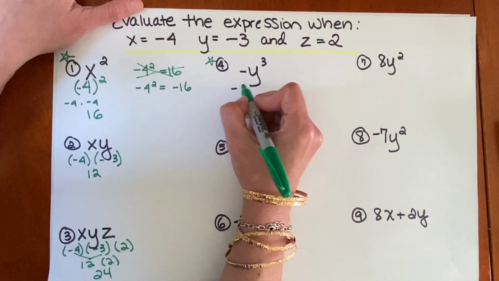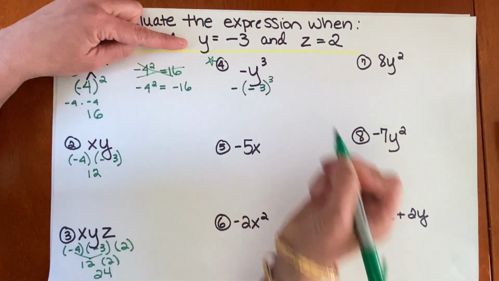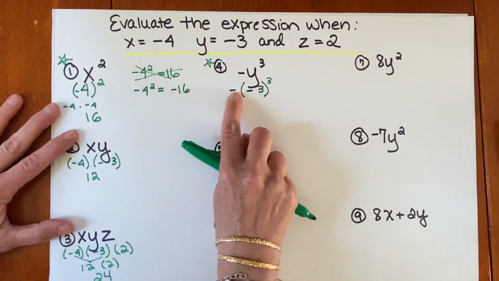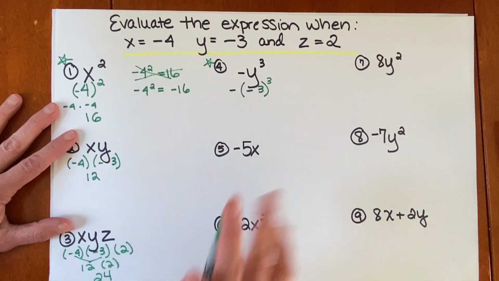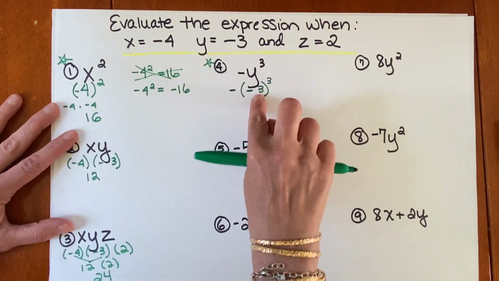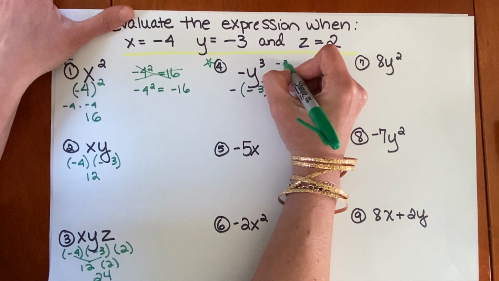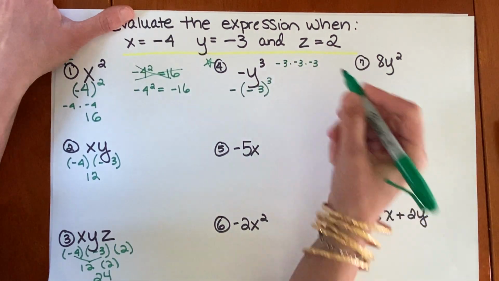Okay, negative y is a -3 to the 3rd. Do not make these two a positive. If you do, you're not following order of operations. You have to do this exponent first. So I'm going to do -3 times -3 times -3.